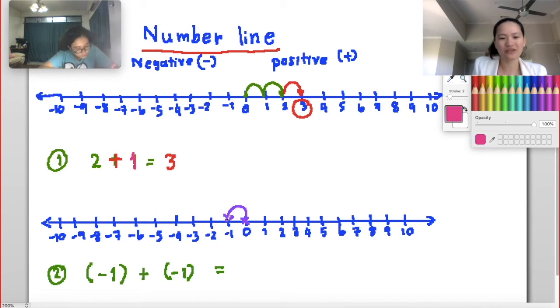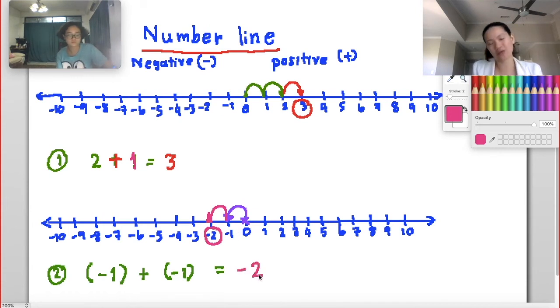So you go from minus 1 to another minus 1. Can you see? So what is the answer, please? Minus 2. Minus 2. Okay? You understand the concept.